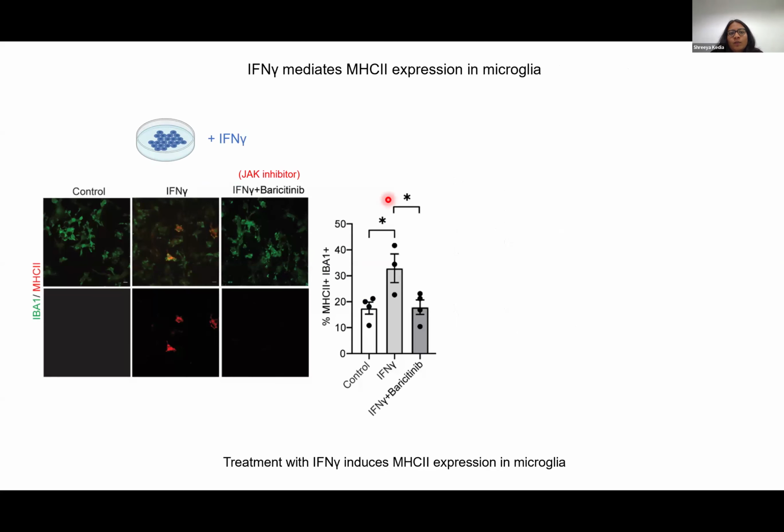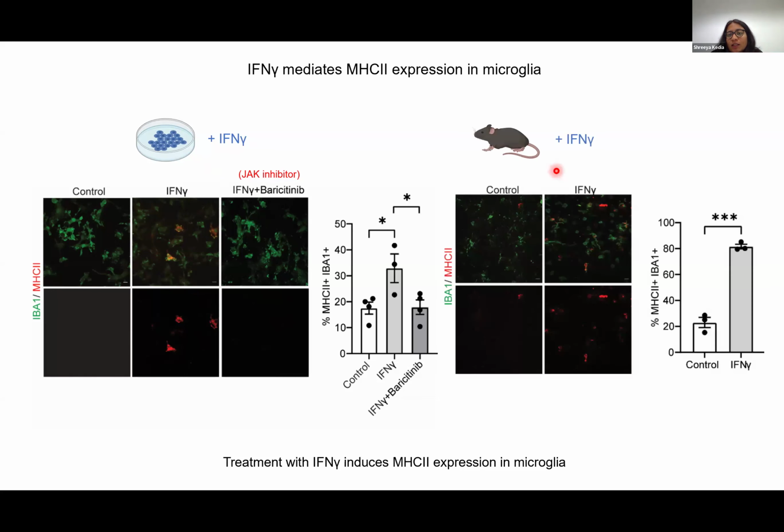We know from literature that interferon gamma can induce MHC2 expression. So we took some primary microglia and treated them with interferon gamma. After interferon gamma treatment, there was an upregulation of MHC2 expression in these cells. This was rescued by baricitinib, which is a JAK-STAT inhibitor and acts downstream of interferon gamma.